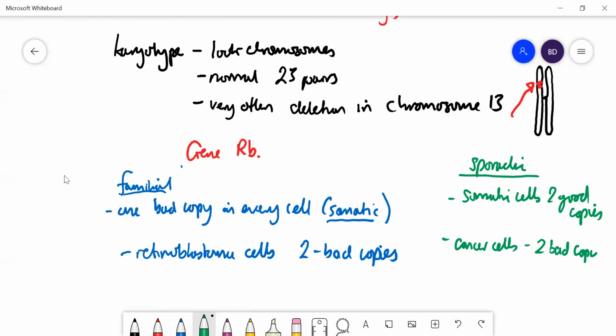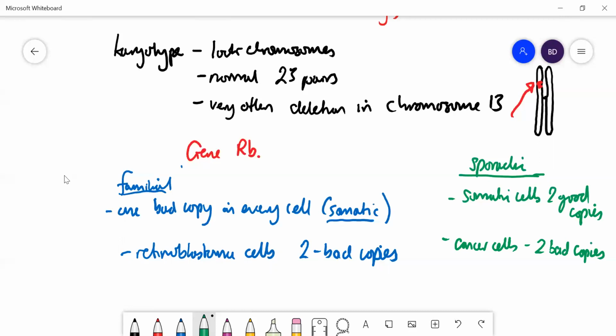So in these individuals, the sporadic individuals, it's much less likely because they've had two mutation events that actually occur in the retinal cells. One where one copy gets knocked out, and that's not a problem. And then a second event occurs where the second gene is knocked out.